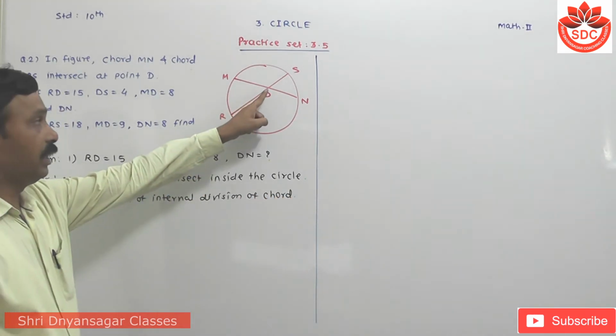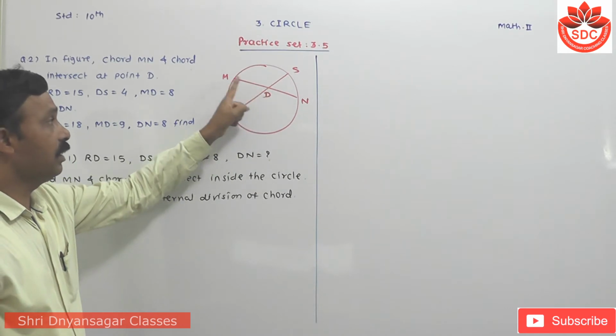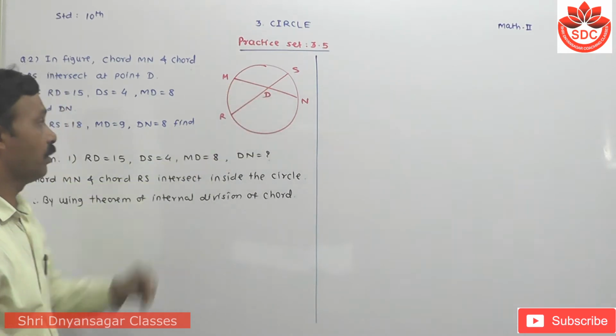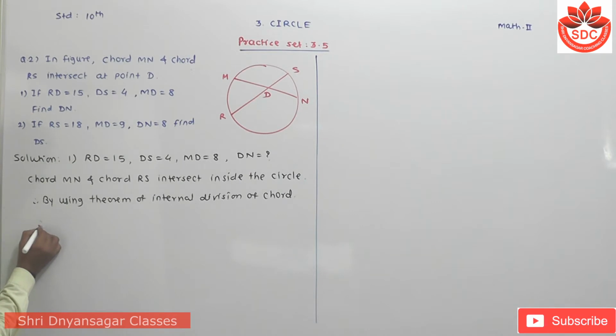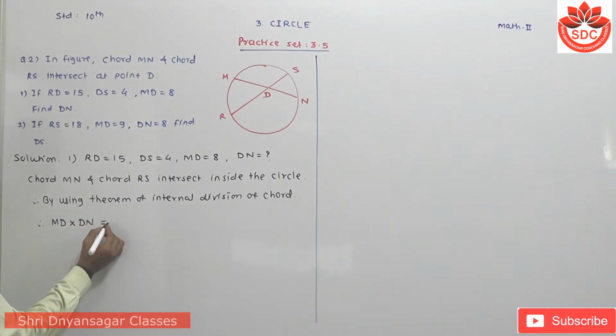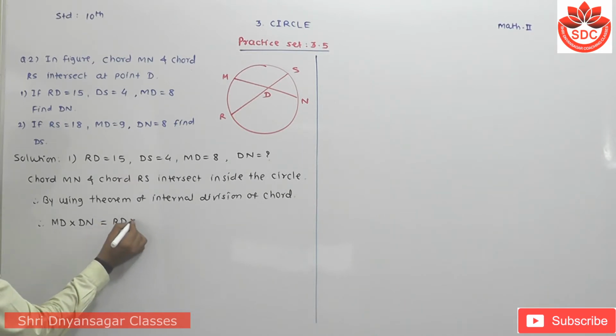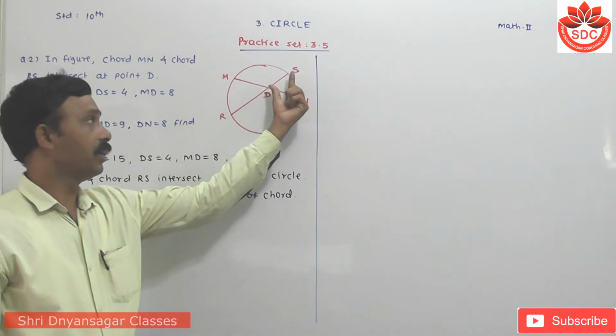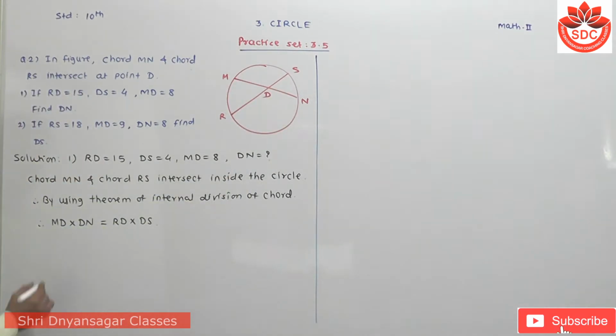when chords intersect internally, the product of the two segments of one chord, MD into DN, is equal to RD into DS. We have to substitute the values.